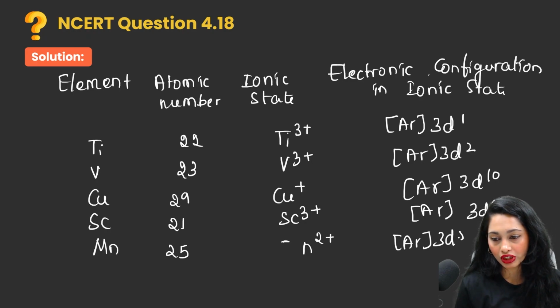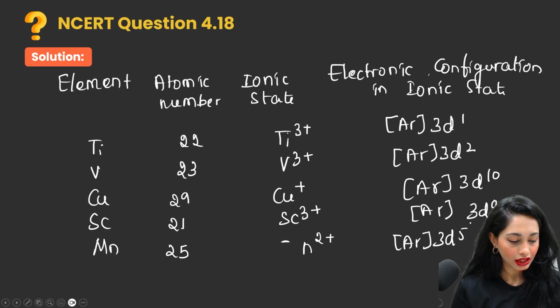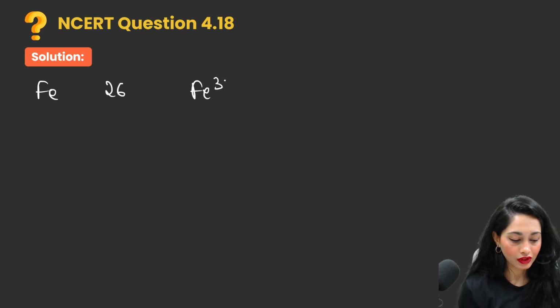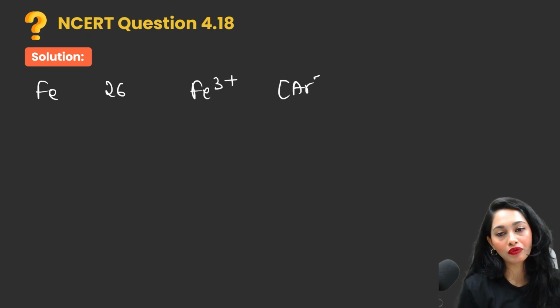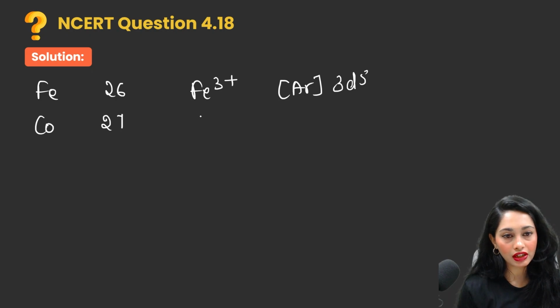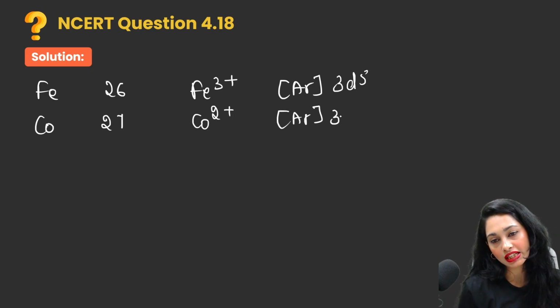Let me move to the next page here. And then we have iron. Atomic number is 26. Fe3 plus is given. And the configuration is argon followed by 3d5. Next we have cobalt. It is 27. Cobalt 2 plus. So argon followed by 3d7.